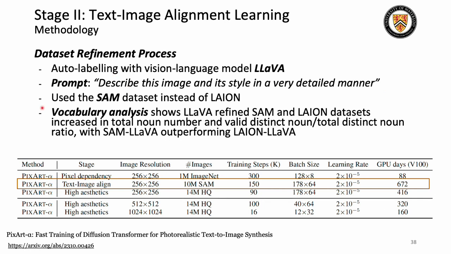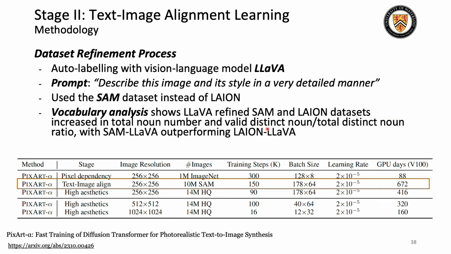So SAM is used instead of LAION, since the Segment Anything dataset tends to lead to a more robust vocabulary, demonstrated by a vocabulary analysis. So this analysis shows that LAVA refined SAM and LAION datasets increase in the number of total nouns and the ratio of valid distinct nouns to total distinct nouns.